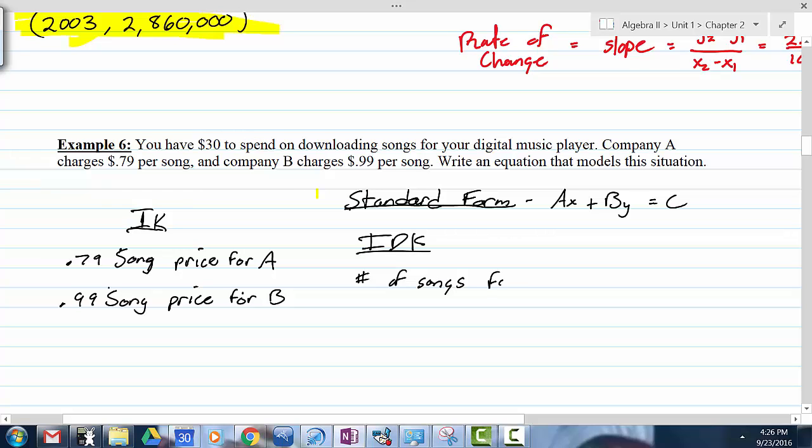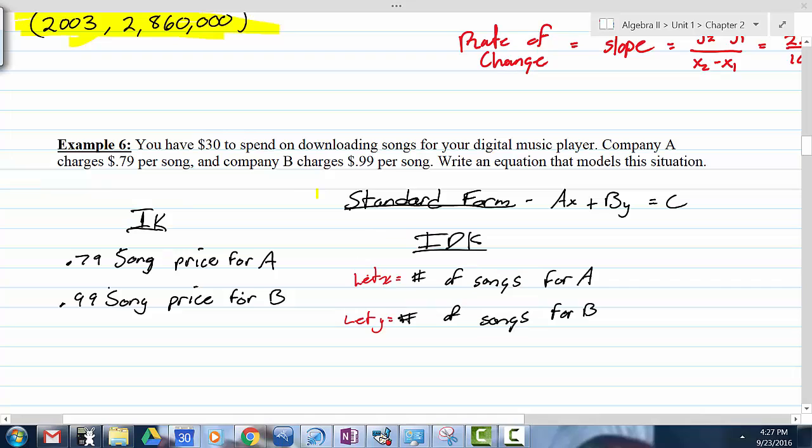What I don't know is the number of songs for A and the number of songs for B. If I don't know what it is, that's when I call it something. Now, since the number of songs for A and the number of songs for B don't depend on each other, they're both independent, so it doesn't matter which one you pick what, as long as the corresponding price goes with it.